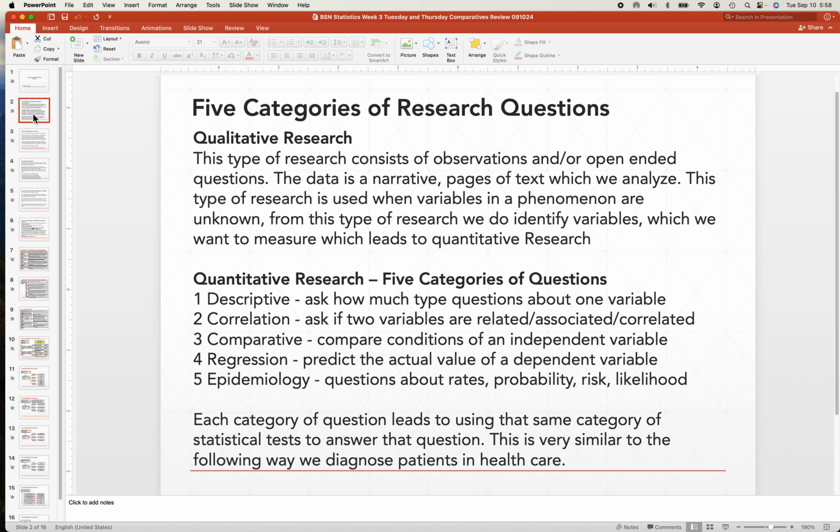If we're looking at a question such as what are the odds of getting COVID in those who have not been vaccinated compared to those who have been vaccinated, that is a question about an elevation in risk, and we'll often see these in the research. And I group those all, I guess, rather loosely, perhaps, into this group of epidemiology tests.